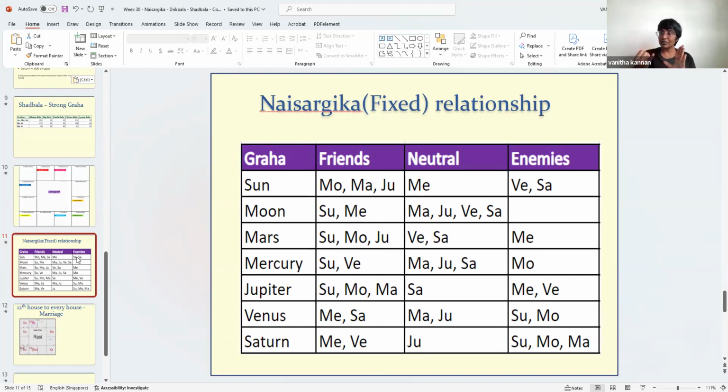And the Chukra is also a minister, but he is the arts and fine arts minister. But he is the guru not for the Devatas, he is the guru for the Rakshasas. Then the Saturn's father is the sun. Even though sun is his father, he didn't like his father. He wants to go away from him.